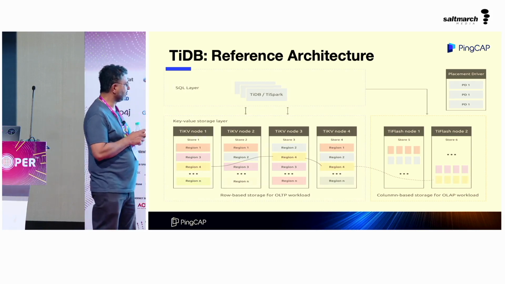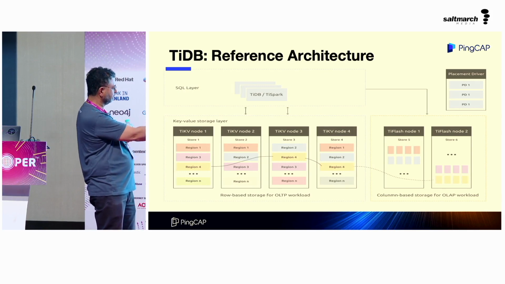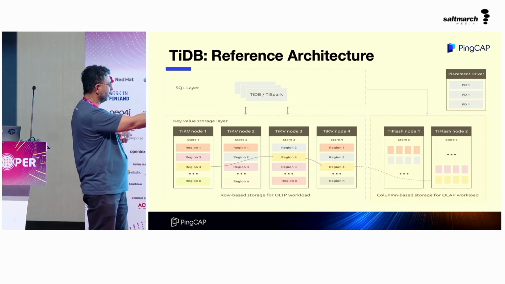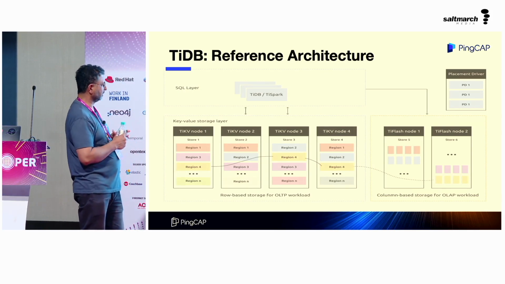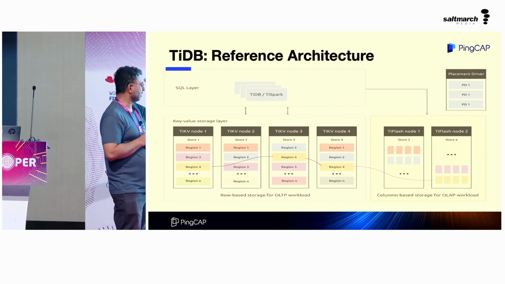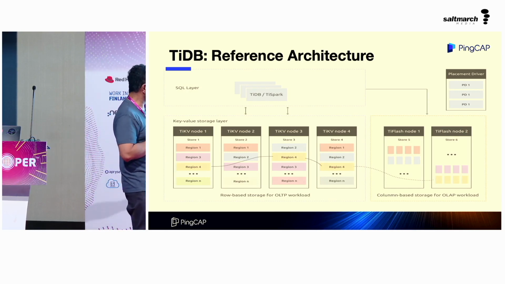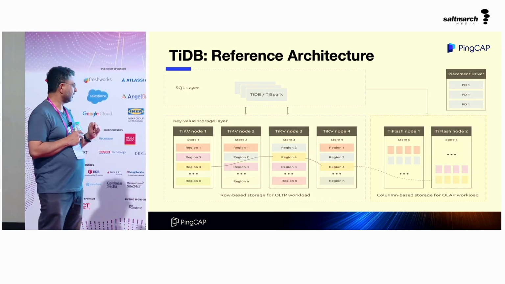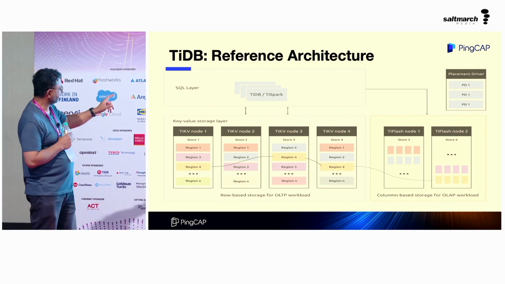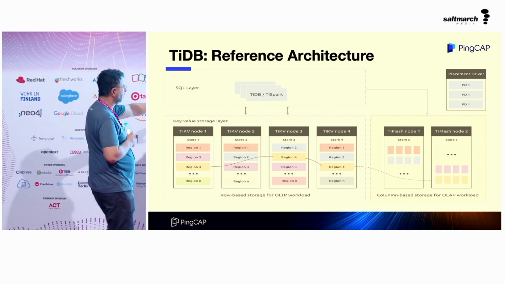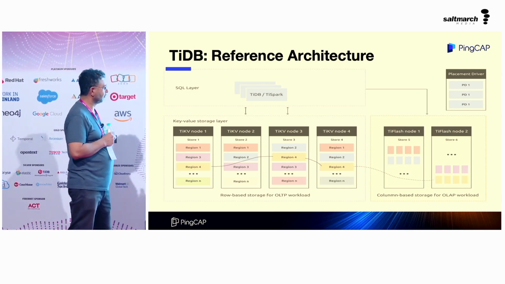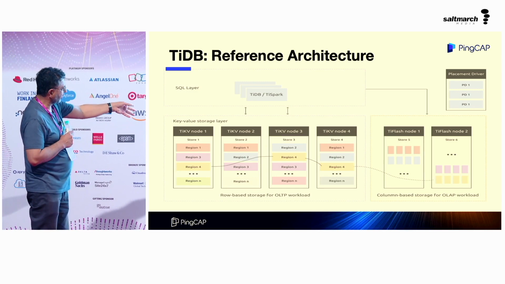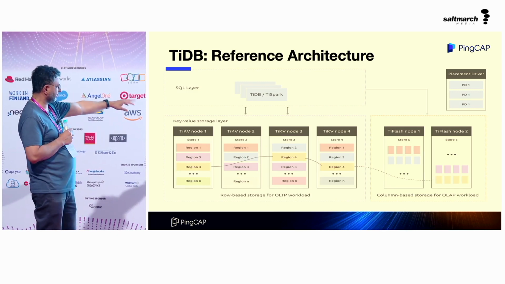So let me try and explain what those little arrows mean and how it's supposed to work. Think of region 1, region 2, region 3 as your horizontal partitioning of a table. Let's assume they're all part of one table. This color is region 1, region 2 is also part of the same table, and let's say there's region 3.